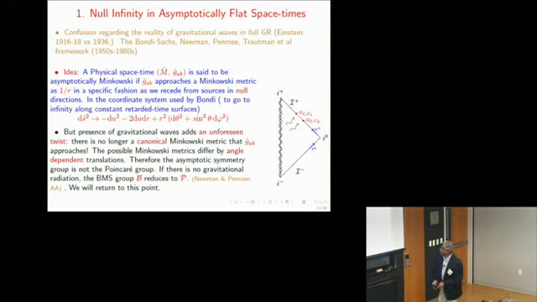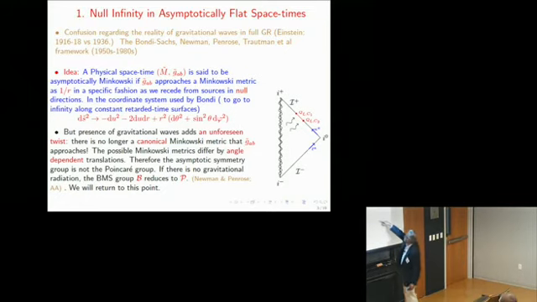The key point was that you would like to recede from the sources in the null direction, because the radiation actually goes in this null direction. That specific fashion was spelled out by people like Bondi, and then was made more formal and more geometric by Penrose, and that is what I'm going to use.